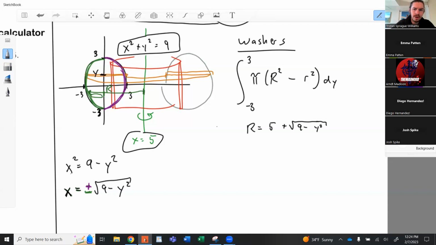And then for little r, we're going to do 5 minus some amount that comes from this side over here. So 5 minus the positive square root, 5 minus the square root of 9 minus y squared. There we go. How's that? Does that look okay?